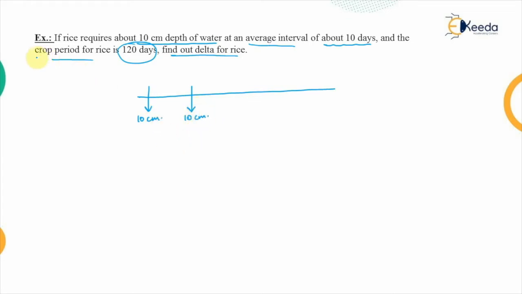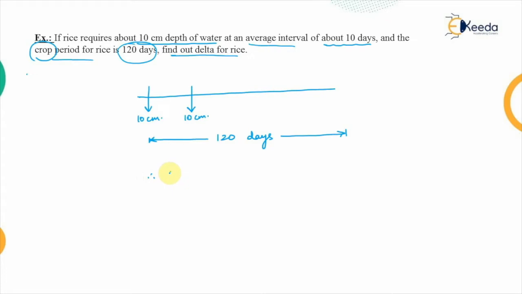Now this crop period can also be said to be the base period, because I've already told you that these will be used interchangeably. So the total time in which the crop will be fully matured is 120 days, and after every 10 days 10 centimeter of water will be required.